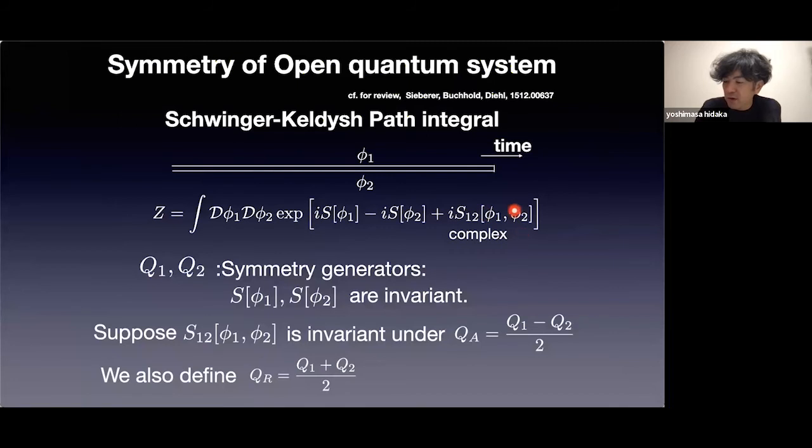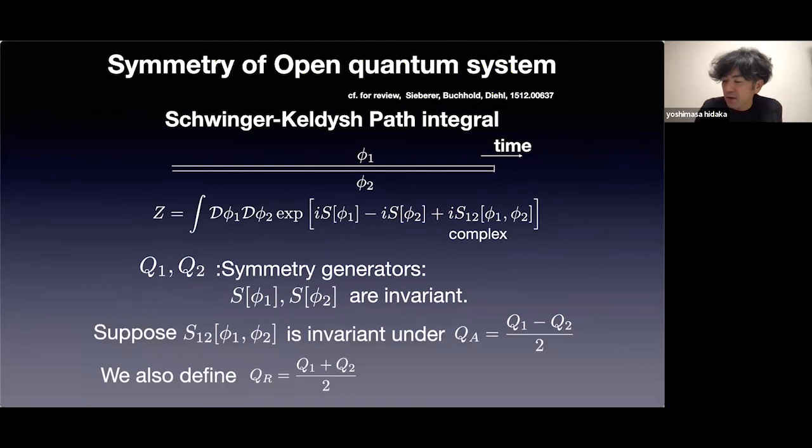So if there is no this term, this is just the original action. So suppose this is invariant under some symmetry, but the existence of this term might break this original symmetry.